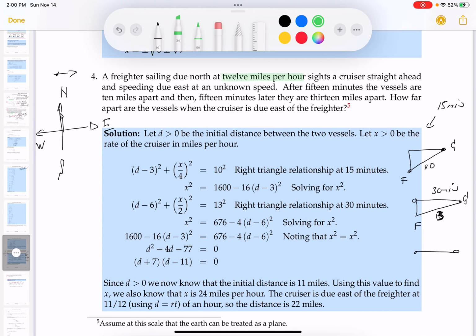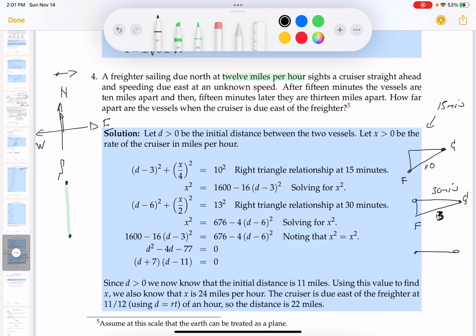And I'm going to start drawing triangles down here now. So when he first spots them, they're there. Now, let me take the freighter sails due north at 12 miles per hour. And after 15 minutes, I'm going to call this distance, let's see, 15 minutes.